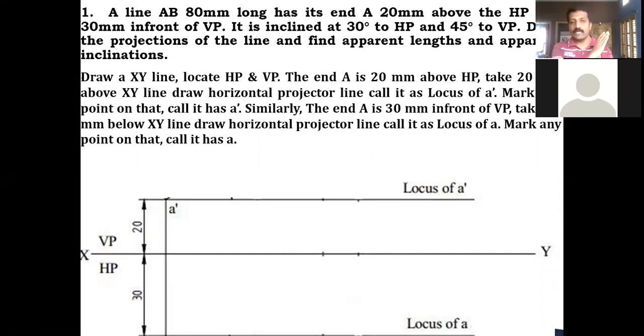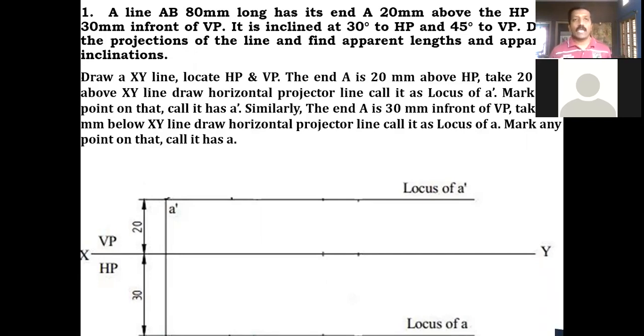So directly draw an XY line, with VP above the XY line and HP below it. The front view will be above the XY line and the top view below it.